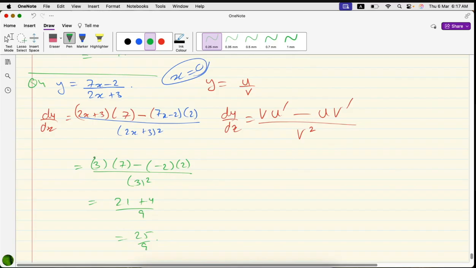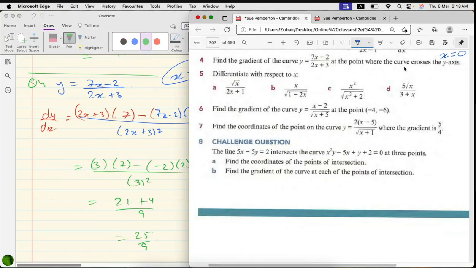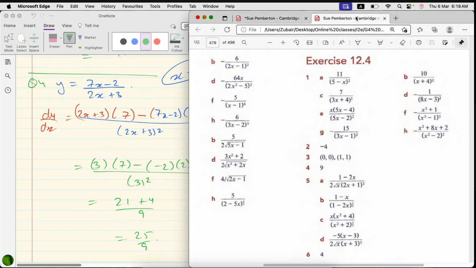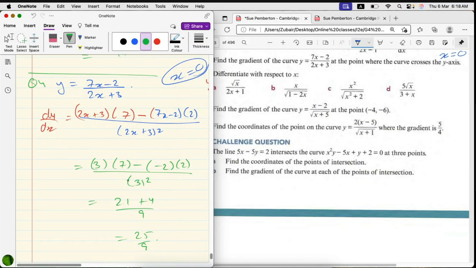When x is 0, this is 0, left with 3 sevens are 21, this is 0, minus 2. Question 4 is 9. What were you getting? I was getting 17 over 9. And now are you getting 25 by 9?